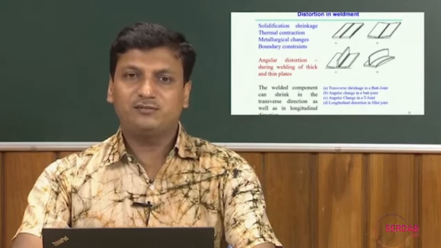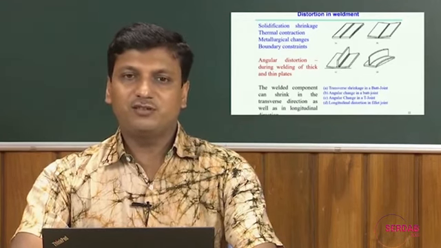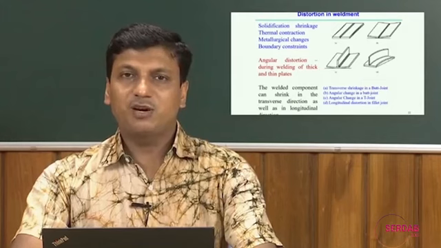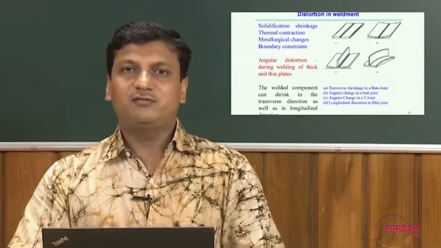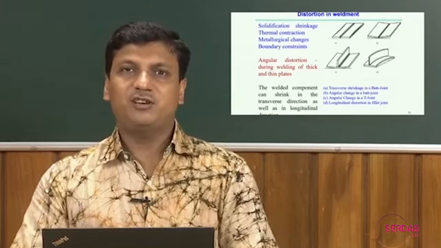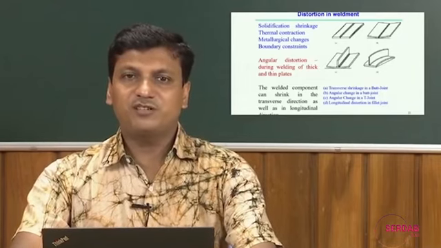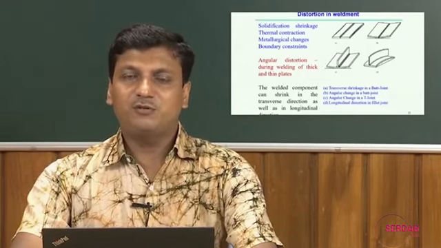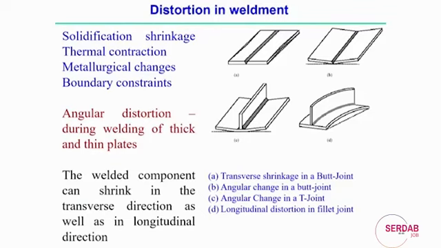The first figure shows the transverse shrinkage in a butt joint configuration. Concave or convex buckling can also occur within the welded structure depending upon the types of materials. And in the figure you can see the angular change in a butt joint.